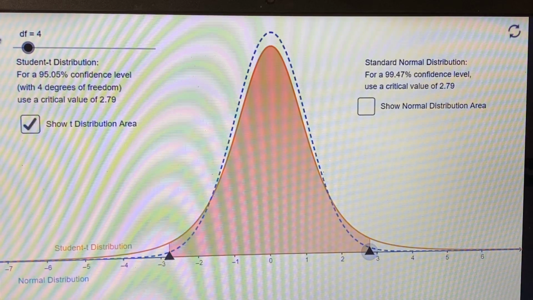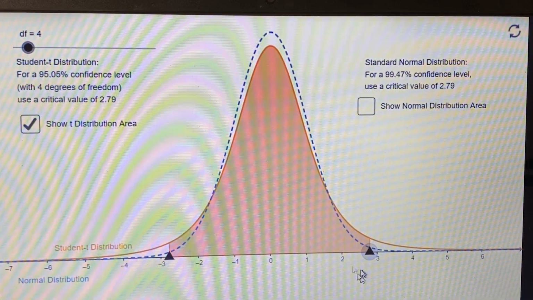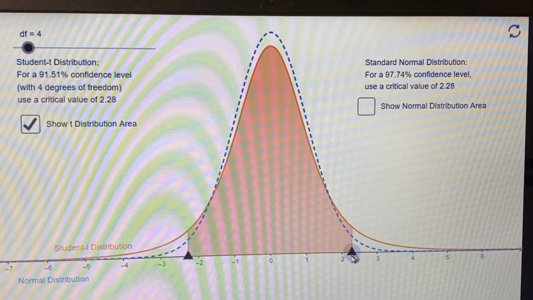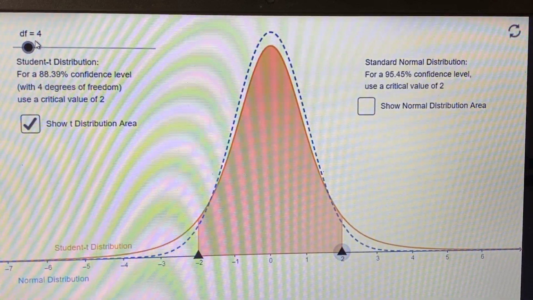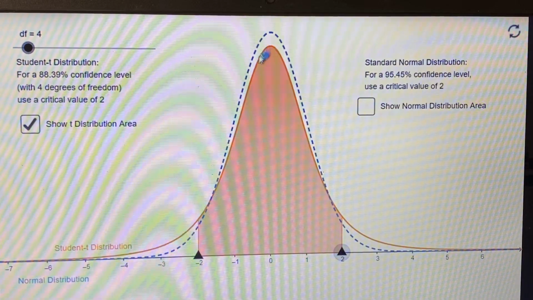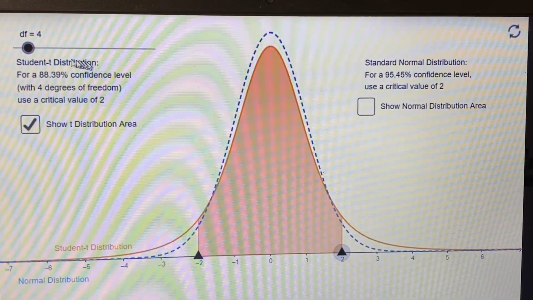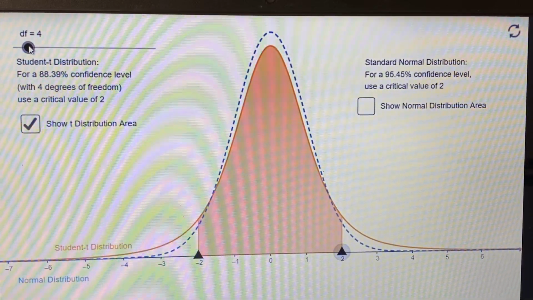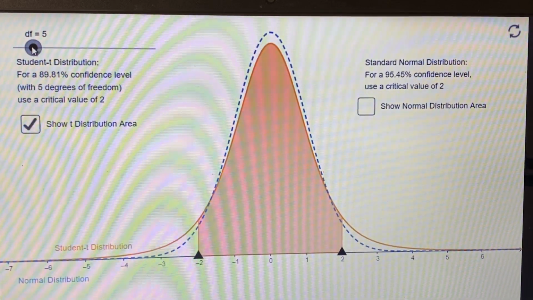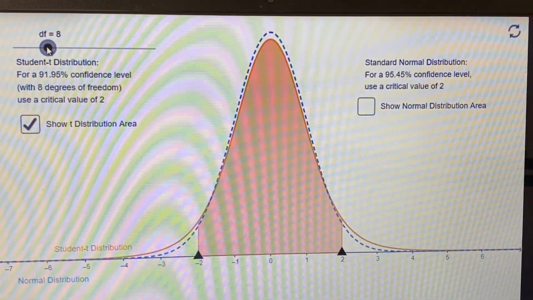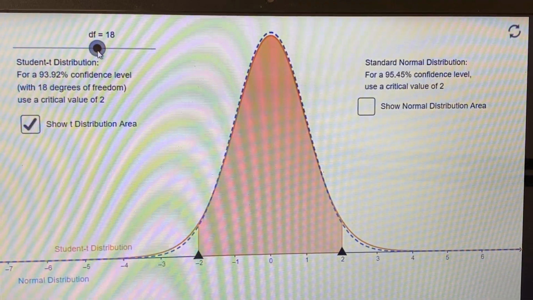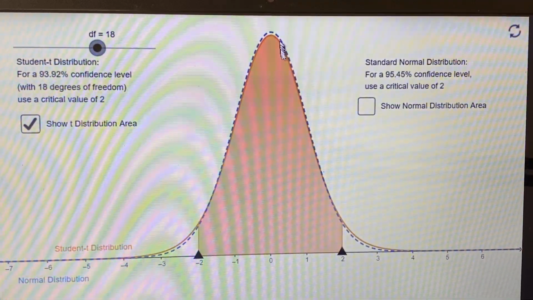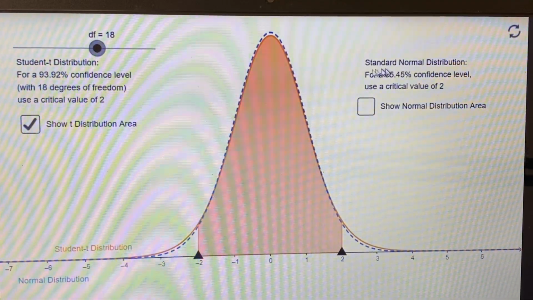So with degrees of freedom, watch what happens. I'm going to put this back to 2 for a second here. Okay, now watch what happens when I change my degrees of freedom. So this curve right here represents 4 degrees of freedom, or sample size 5. So notice that if I get a larger sample, notice what's happening to my curve. It's moving up toward the Z normal curve.